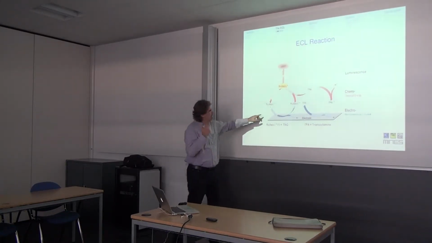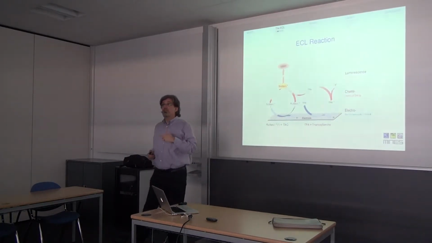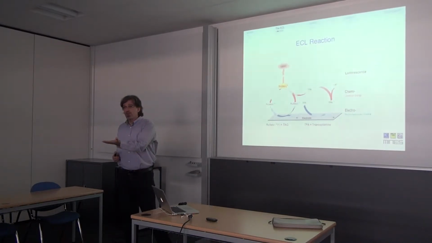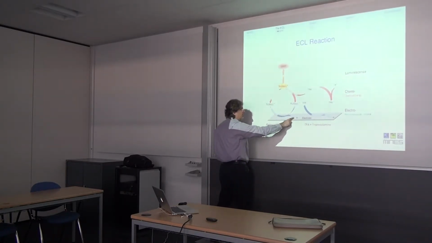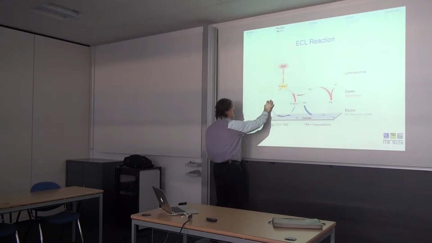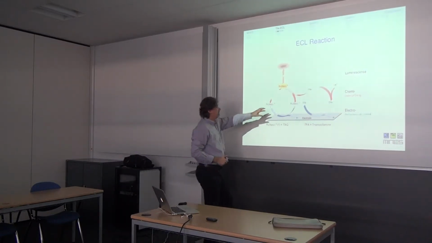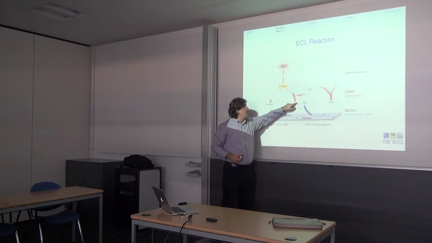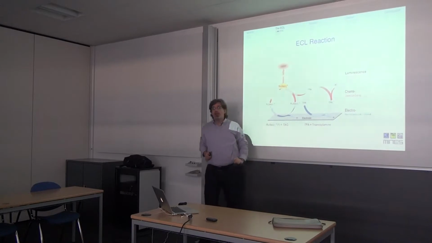In this case, the ruthenium trisbipyridine loses an electron, so it oxidizes on the surface of my electrode, and there is a cyclic reaction from which, after it oxidizes, it passes to another state, and then after this, it is not a stable situation for the molecule, so it comes back to the starting point, emitting a photon.